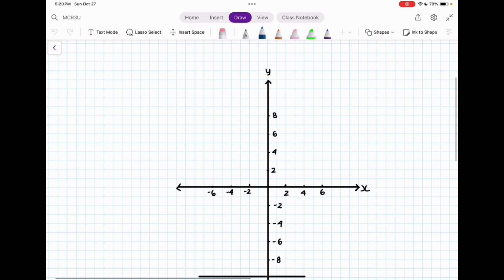Okay, so we're going to graph y equals x squared. So when x is 0, so we have 0, 0, we have 1, 1, we also have -1, 1. So you can see I'm just going to put in those points. Then we have 2, 4, and we have -2 and 4.